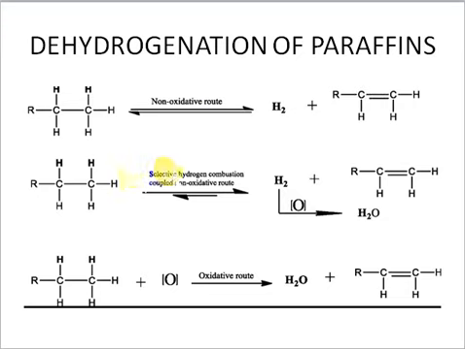So in selective hydrogen combustion coupled non-oxidative routes, the hydrogen that's produced is removed by reacting it with oxygen, so this hydrogen gets converted into water. This water is removed by different means.